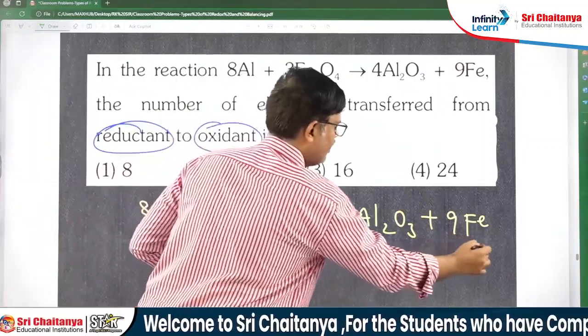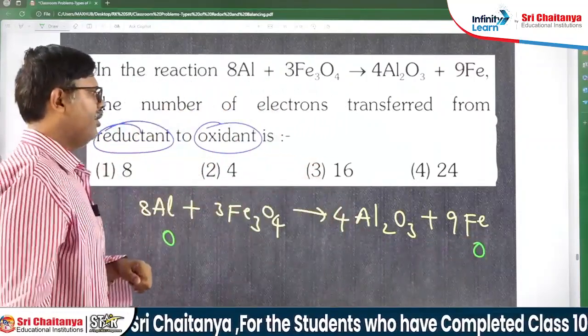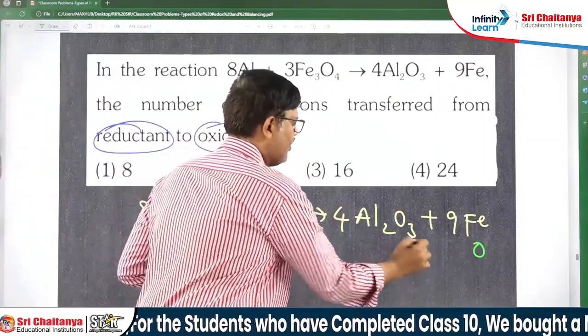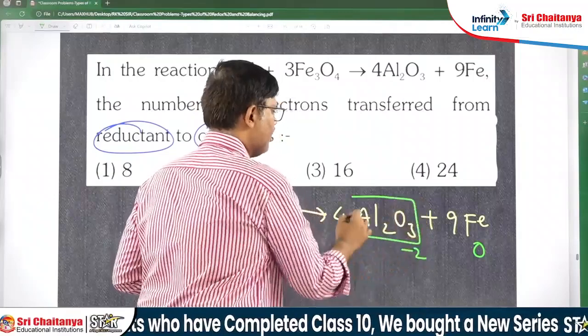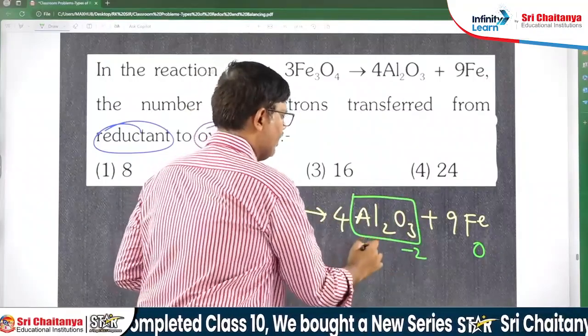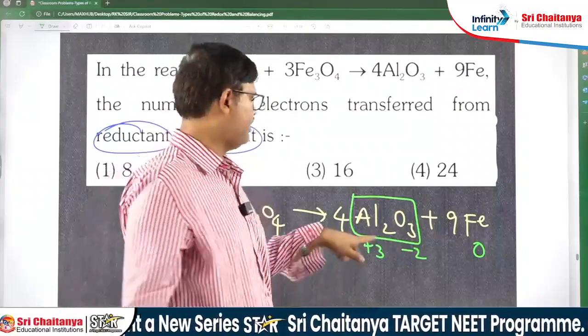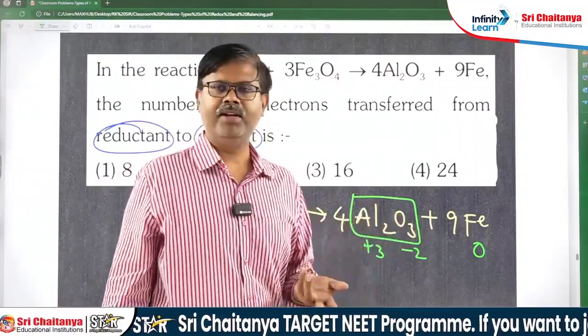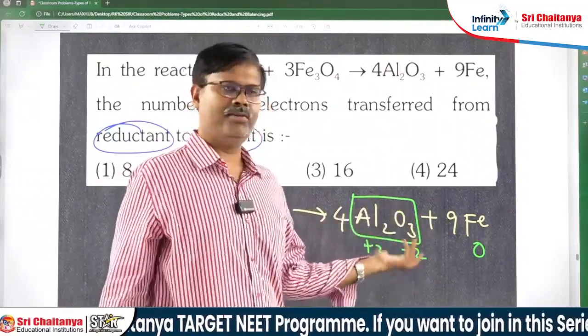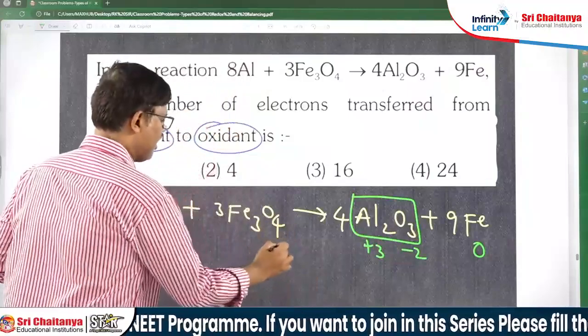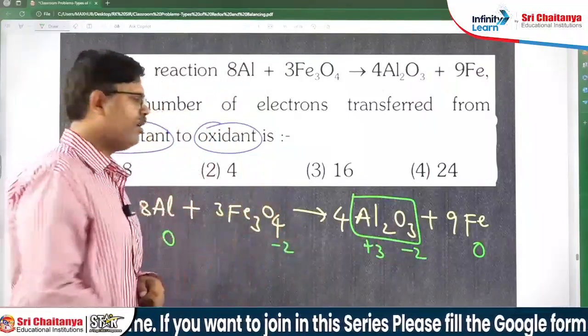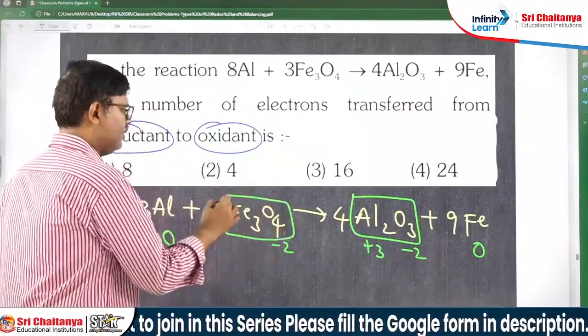Iron also is in the elementary state, 0. Now oxygen is -2. When oxygen is -2, what will be the oxidation state of aluminium? You will get +3. Aluminium is anyway always +3 in compounds. Oxygen -2, and here if you take oxygen -2, what should be the iron oxidation state in this?